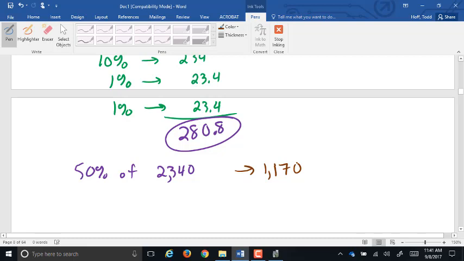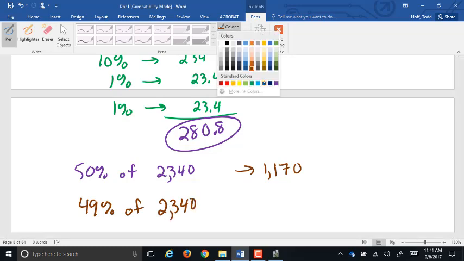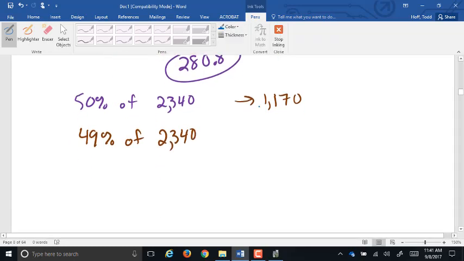That one's a little tougher to do, but you could do it. So if I had to find 52%, or let's say 49% of 2,340, I could actually look at that as 50%, which is 1,170, and subtract 1%.